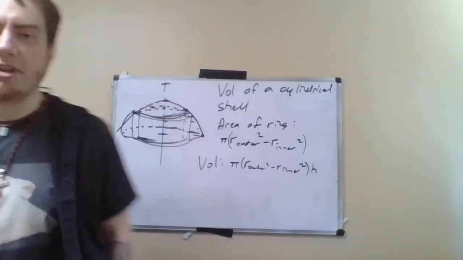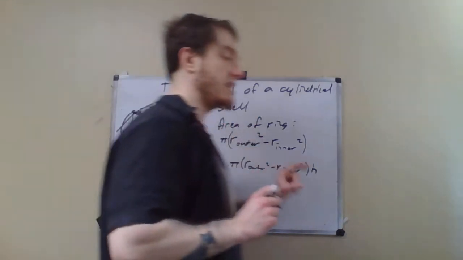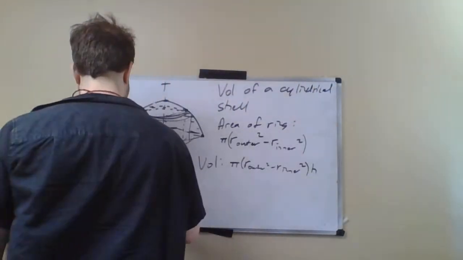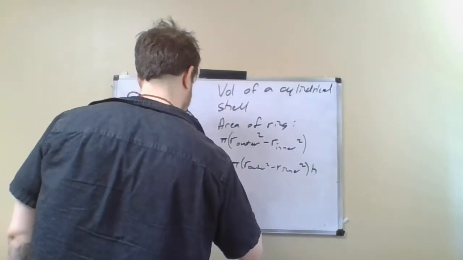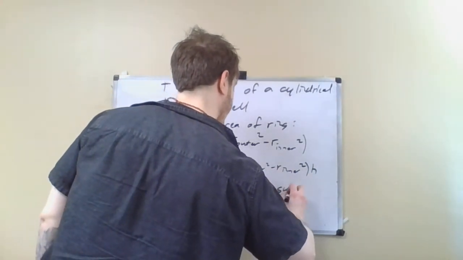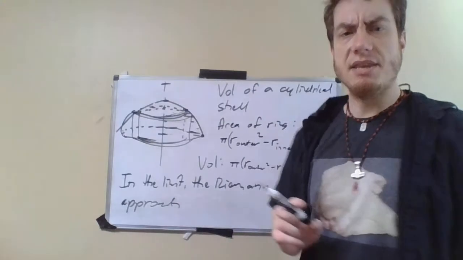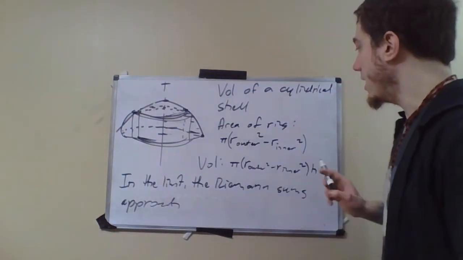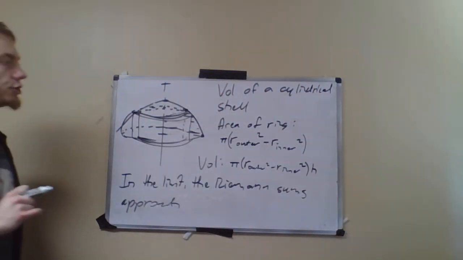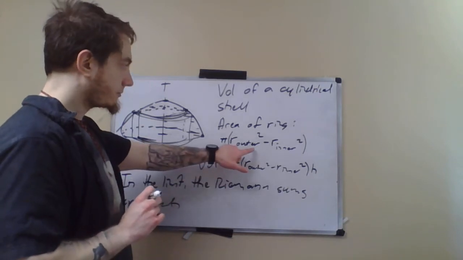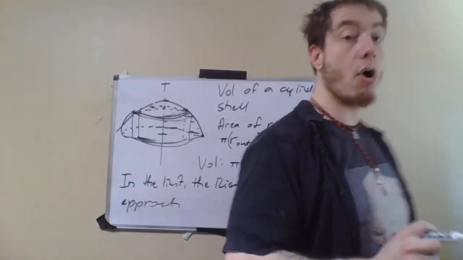Now, what ends up happening is when you write down the Riemann sums for adding up all of these cylindrical shells, in the limit, the Riemann sums we get are going to approach an integral, but the integral that they approach is not quite exactly what you might expect, because as we take the limit, this actually turns into the derivative of r squared.